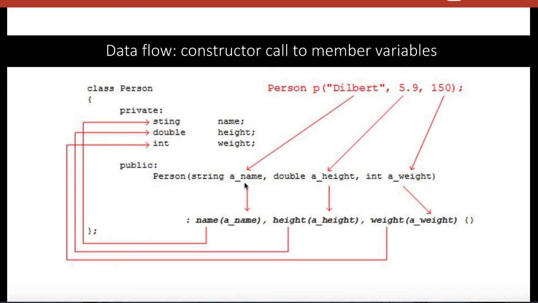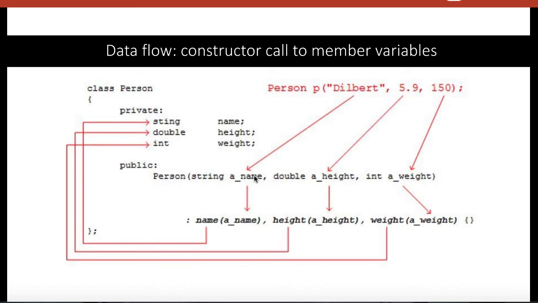Now, it is common practice in C++, when creating a constructor with an initializer list, to prefix whatever the user is passing in with a, which means argument: argument name, argument height, argument weight. So we say string a_name, double a_height, integer a_weight.